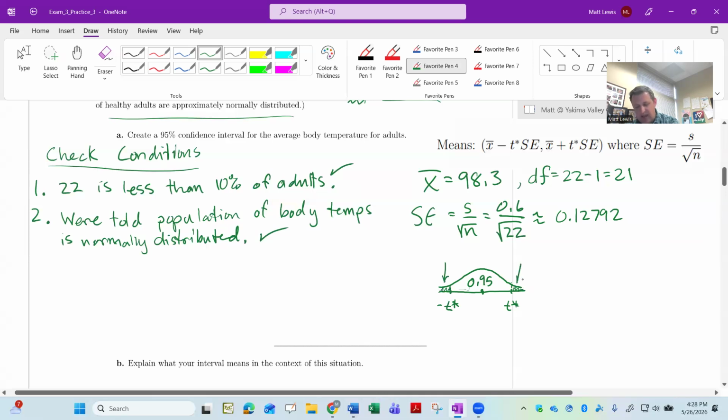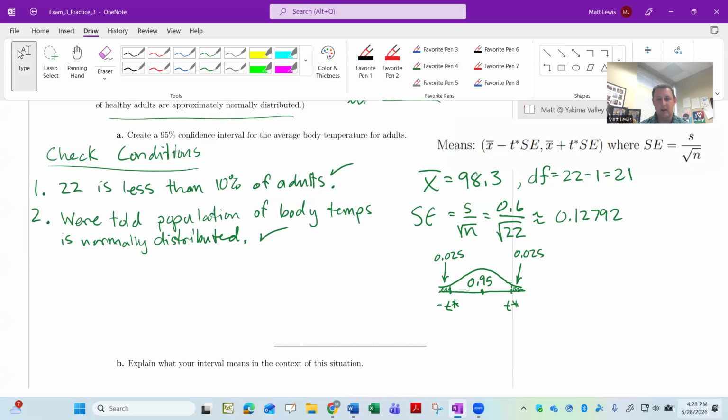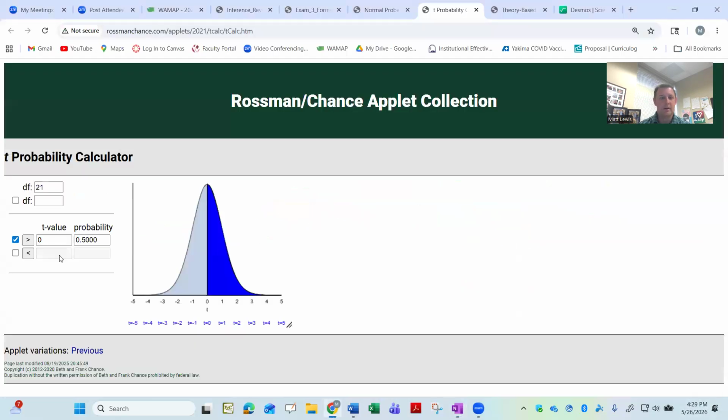But since it all has to add up to 100%, that means I've got 5% split between the lower and the upper, which would give me half of that, 0.025 or 2.5% on each tail. And so now I can go to my calculator and type in 0.025.